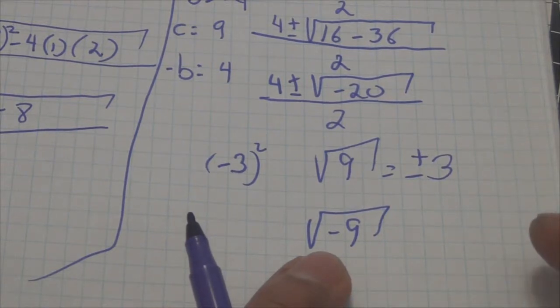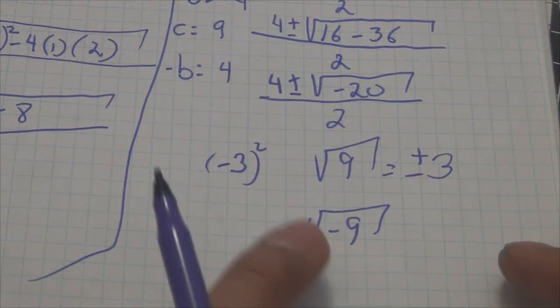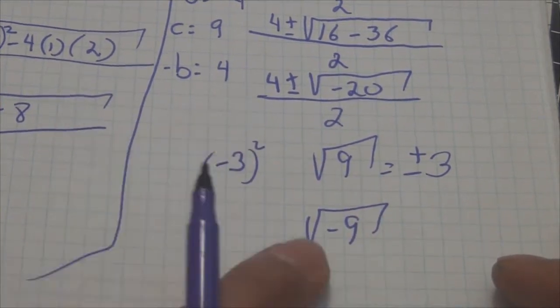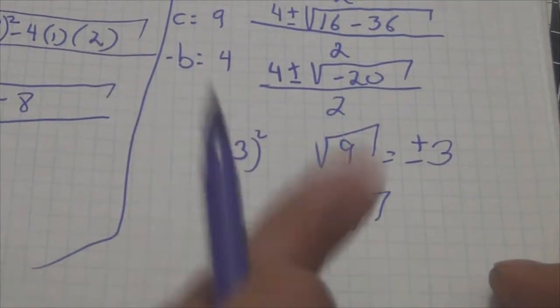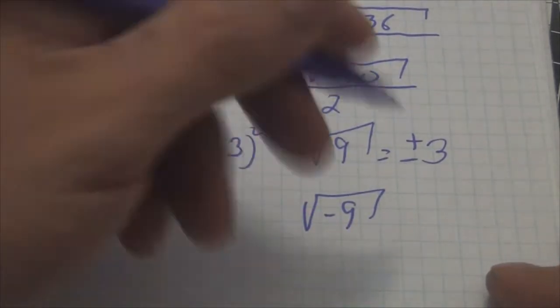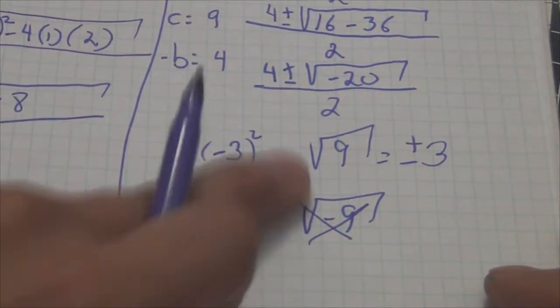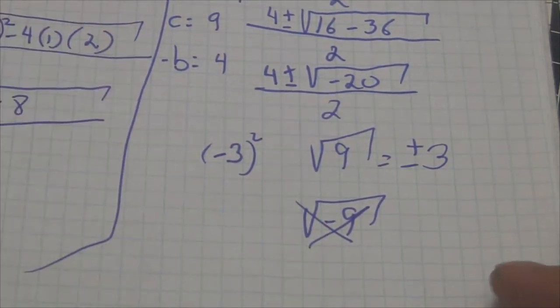There is no number that when you square it, you get a negative. So when you take the square root of a negative, there's no number. Nothing squared is going to give you negative 9. So you cannot do this. And if you cannot take the square root of a negative number, then there are no solutions.